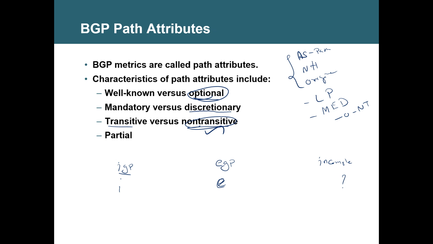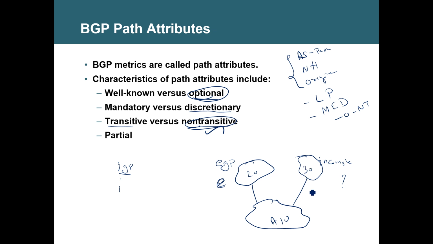MED is one such attribute. MED will not be needed, no need of using MED whenever you have multi-homing. So for this autonomous system 10, autonomous system 20 and 30 are the upstream autonomous systems.